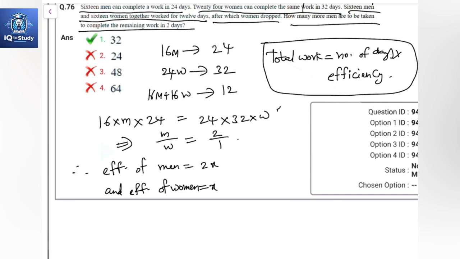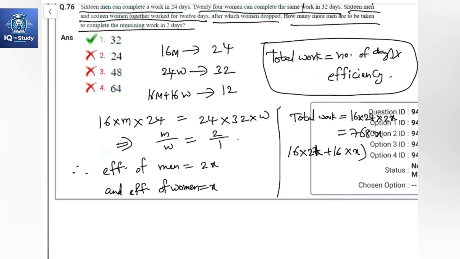Total work in terms of men is 16 into 24 into 2x, which is equal to 768x. And now 16 men and 16 women can do work in 12 days, which is equal to 576x.